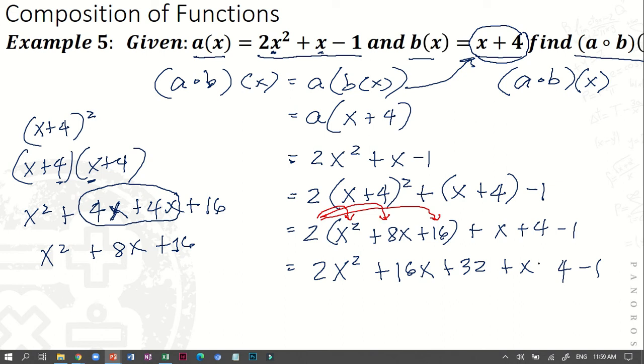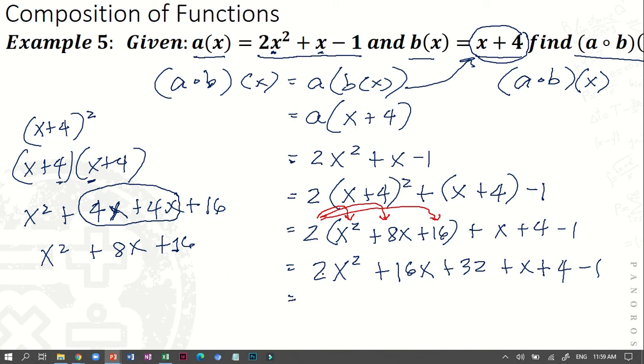Okay, kasi sumusunod tayo sa PEMDAS. Kasi may 32 ka. Unahin mo na dapat yung 32 plus 4 bago mag-minus 1. Okay? Although, maaaring maging magkamukha sagot, kaya lang, we are following the mathematical instruction, PEMDAS.